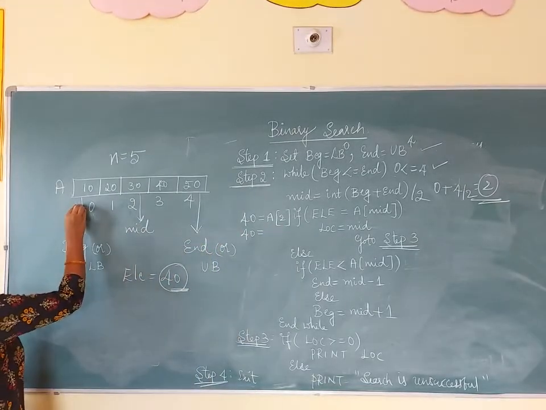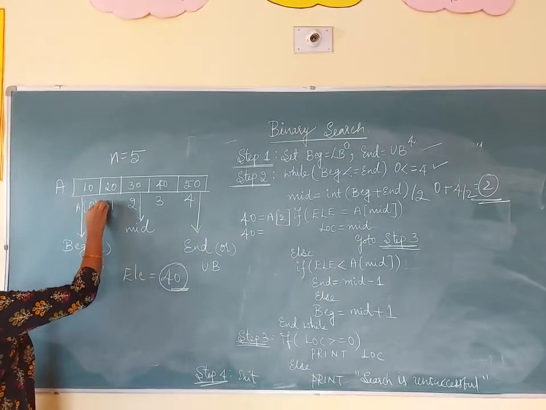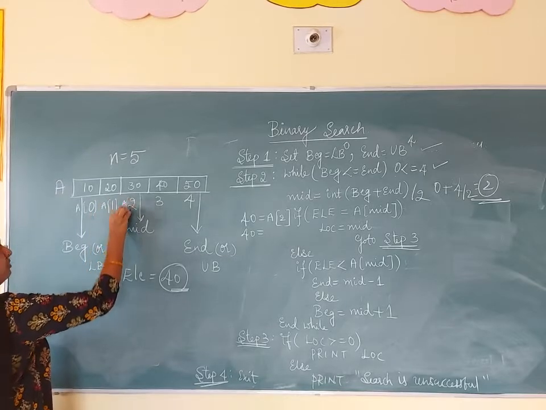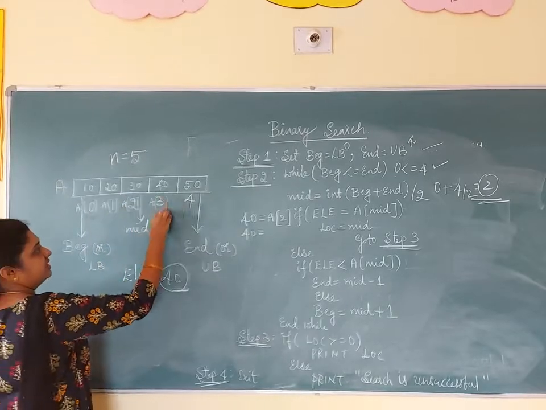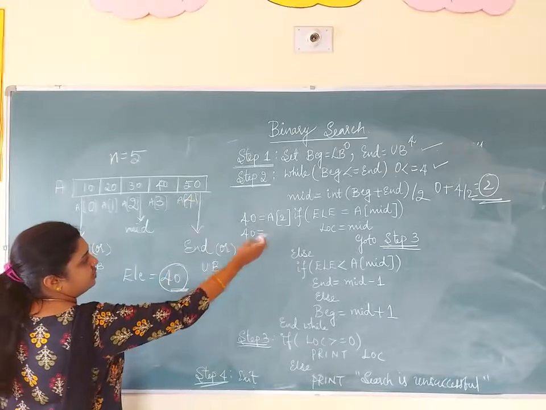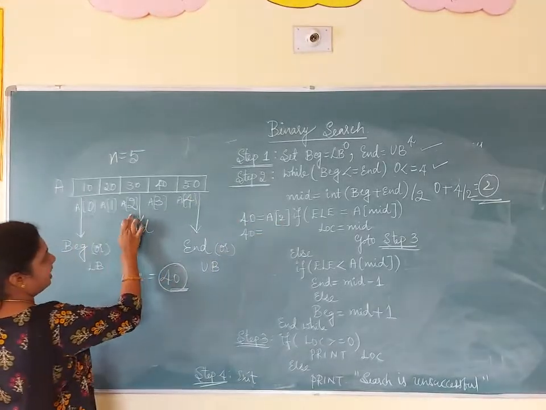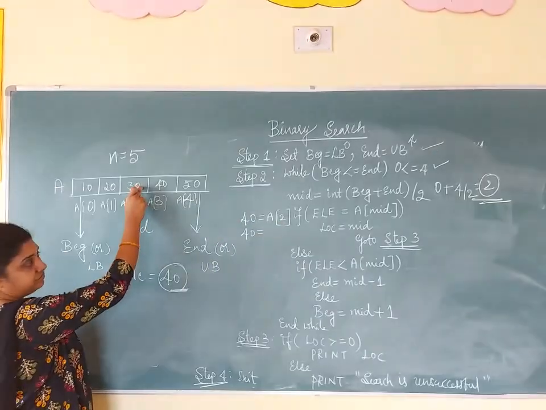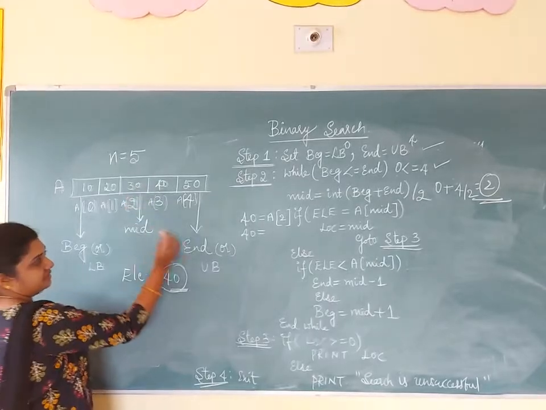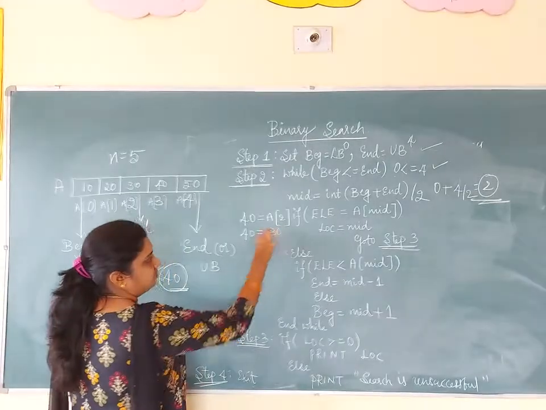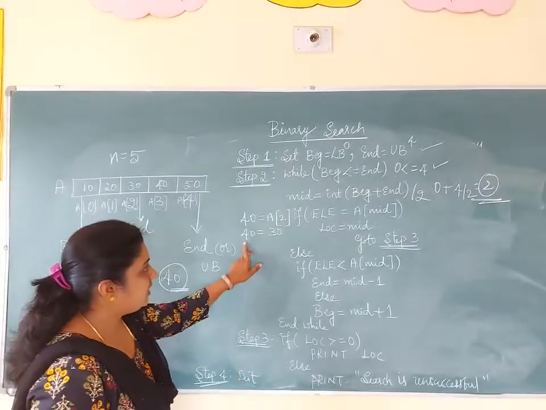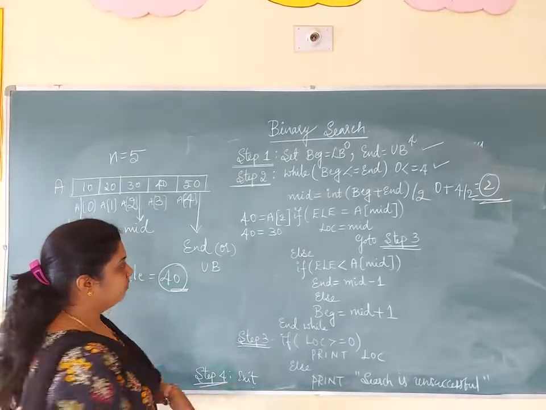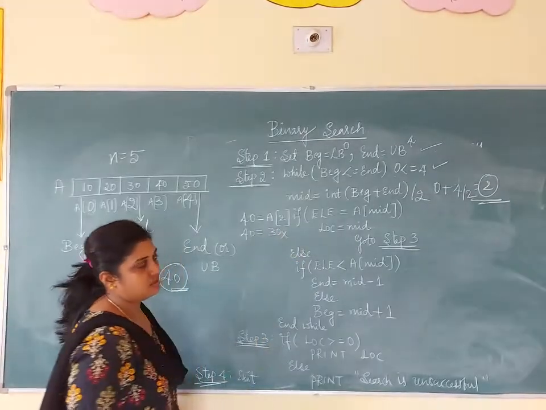See, this is A of 0, A of 1, A of 2, A of 3 and A of 4. In A of 2, we have the value 30. So 40 is equal to 30? No. The condition is false.